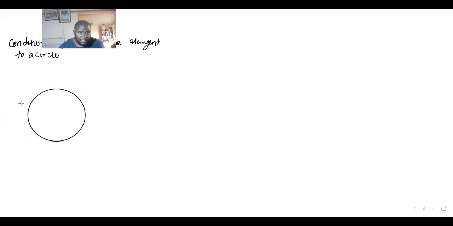First of all, I may have a line touching the circle. If a line touches the circle, then we say it is a tangent to the circle.